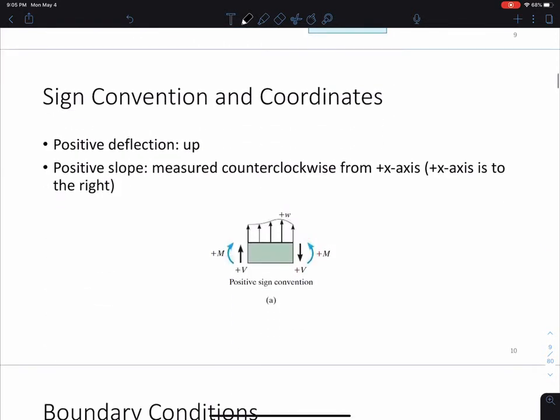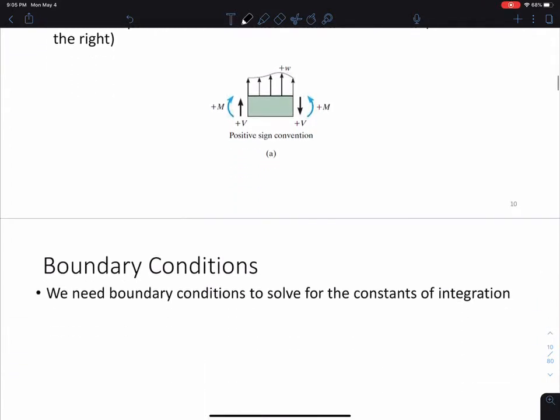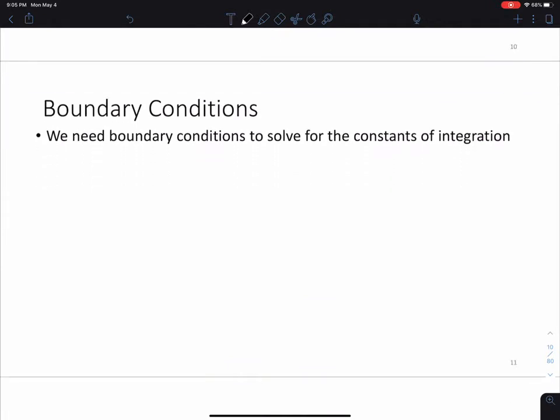In terms of sign conventions and coordinates, we're going to use the same sign conventions that we used previously when deriving these formulas, and this is super important because we want to make sure our signs are appropriately reflected on our diagrams so that we're getting answers that match up.